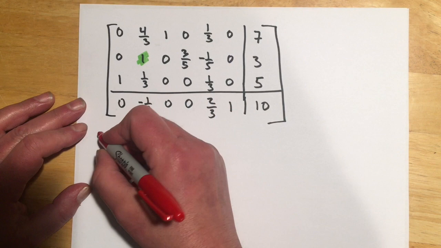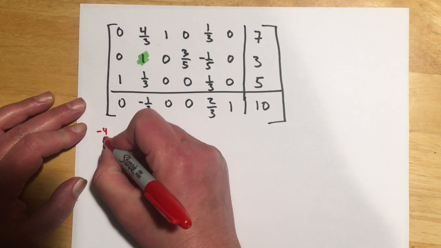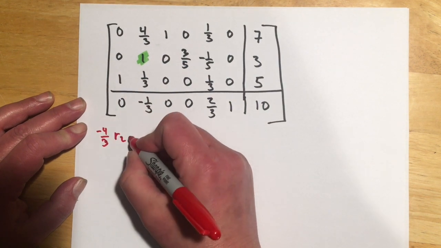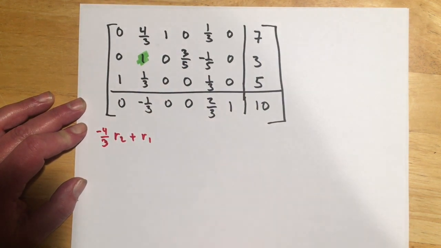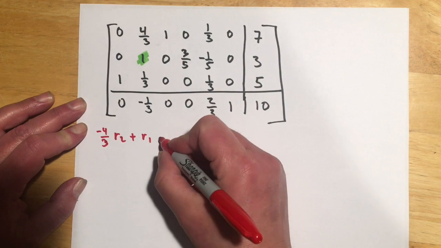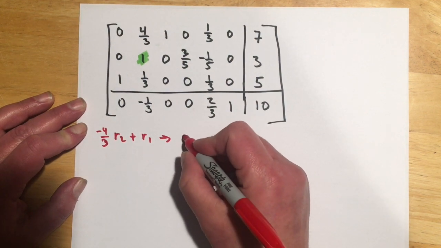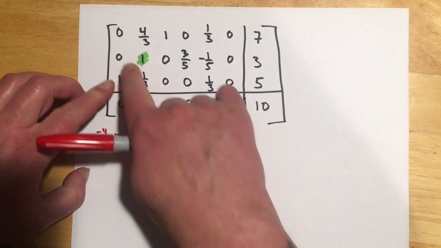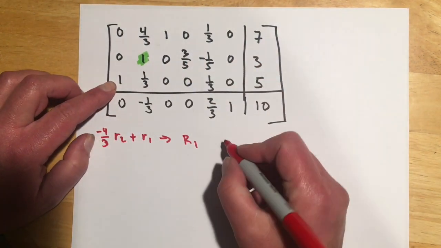So I'm going to go -4/3 times row 2, and I'll add row 1 to that, and that will give me that 0, and that will be my new row 1. And then I'm going to do a -1/3 to knock out this +1/3.